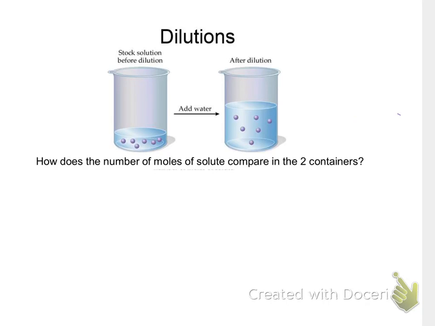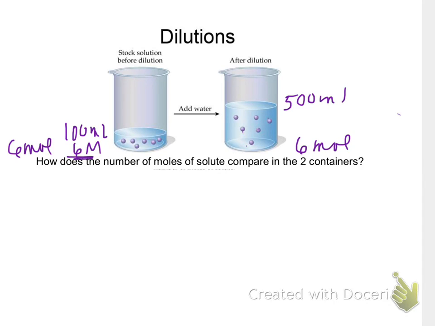If I take 100 milliliters of this 6 molar solution and add water to it up to 500 milliliters, I have a more dilute solution, so it's not 6 molar anymore. But how many moles of particles do I have now? I still have the same 6 particles, so I still have 6 moles.